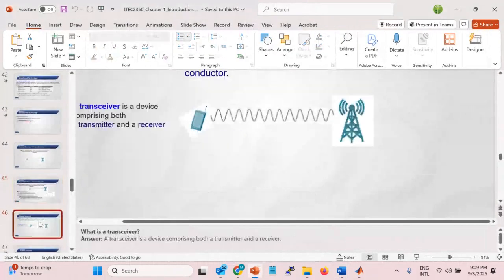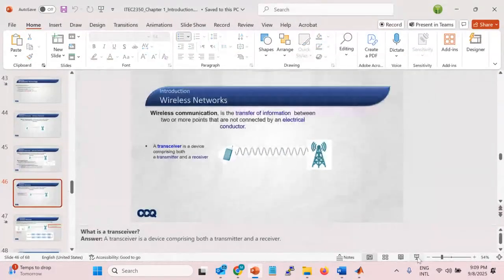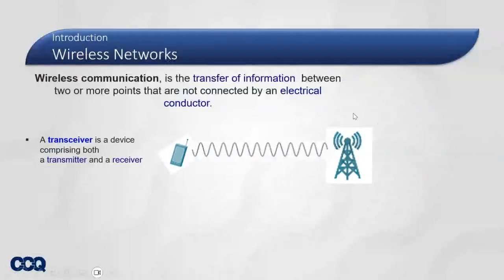Okay, let us continue. Wireless communication, we are repeating the definition, is the transfer of information between two or more points that are not connected by an electrical conductor. Here the mobile is transmitting the signal and the base station is receiving it.